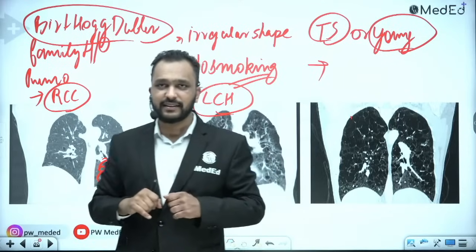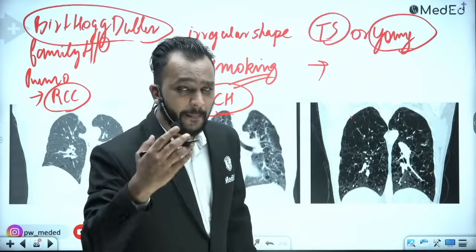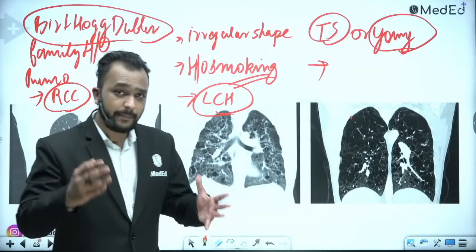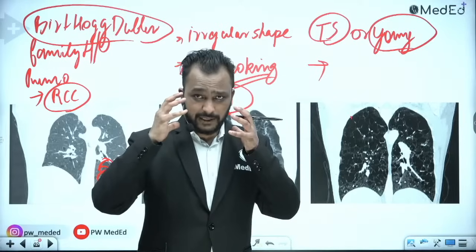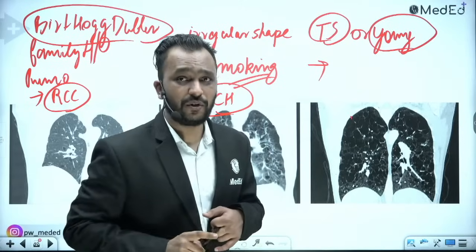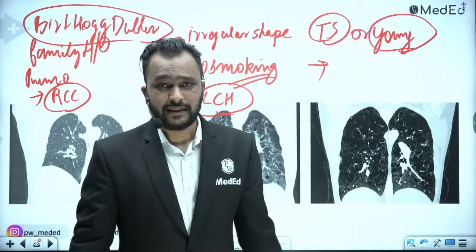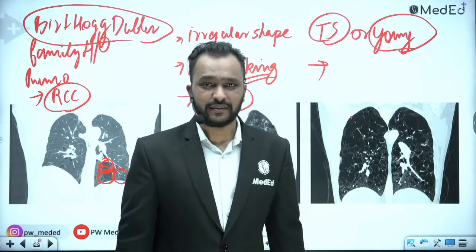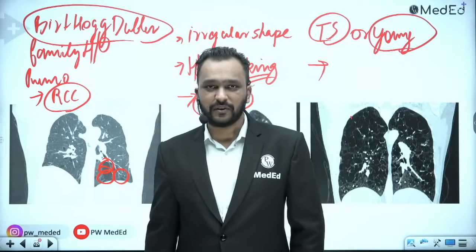We discussed the findings in the brain: subependymal nodules and subependymal giant cell astrocytoma. We saw multiple papules on the face, that was adenoma sebaceum. What is the pathology in the lungs seen in tuberous sclerosis? Anyone, guys?